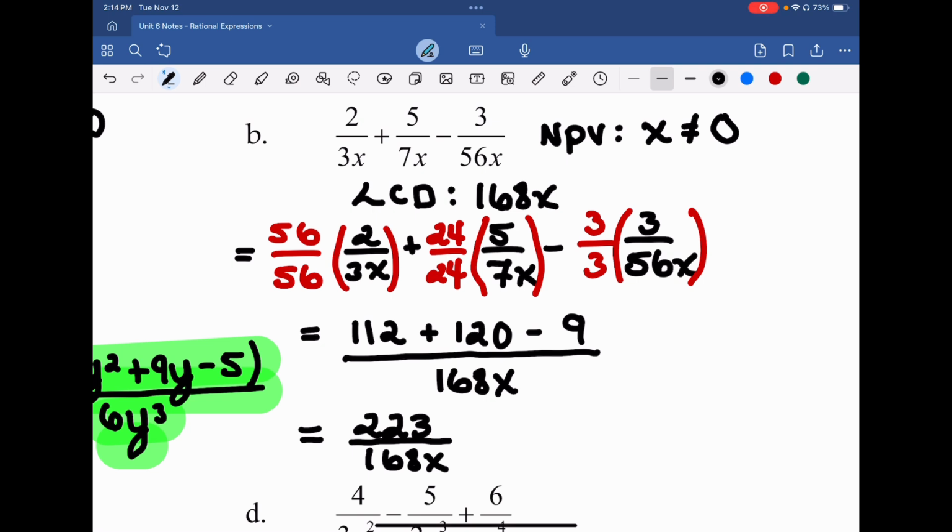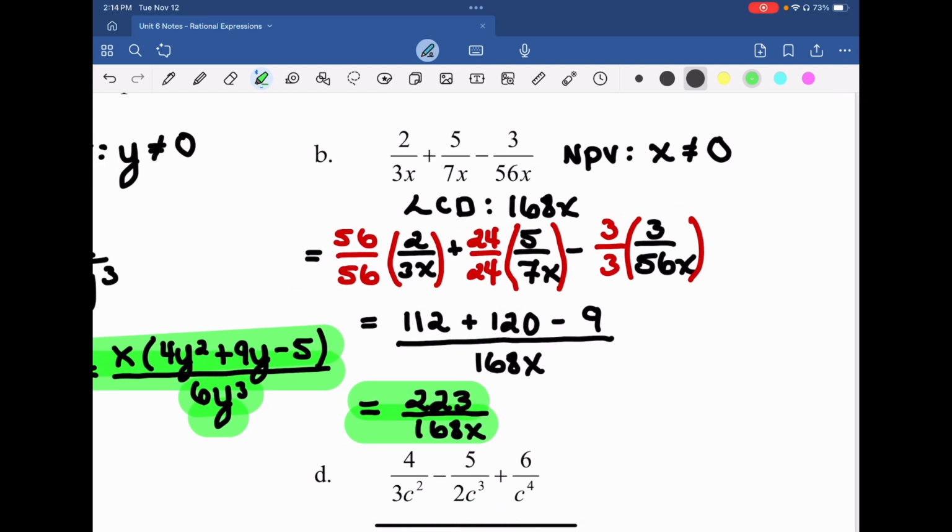In most cases, especially when it's an even over an odd like this, I would assume no. But just in case, I would always type it into your calculator as 223 divided by 168. You can use your math frac key, and you would find that there is no other reduction here. This is as far as it can go, because they wouldn't share any other common factor like a 5 or a 7; any of those prime factors would be off the table here. So this is what we would get for our solution.